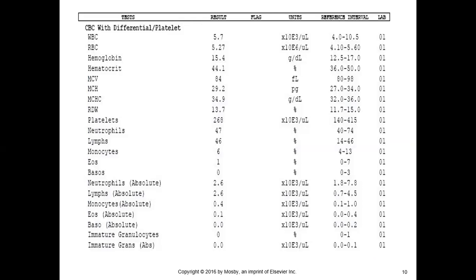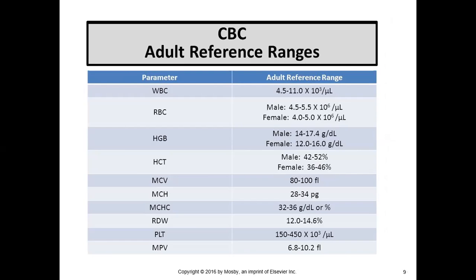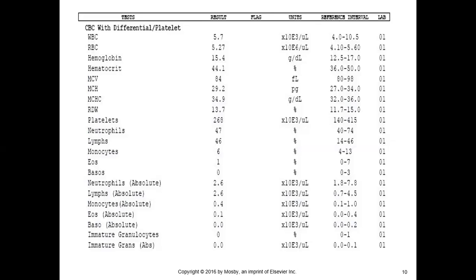I put this lab in here because it shows the CBC with differential, as in comparison to a regular CBC. This one shows all the different types of white blood cells. And so I just wanted to give you an example. If a physician was getting a CBC, but they said, you know what, I'm concerned about infection or inflammation, get the differential as well, which means that they're going to give me more details on the white blood cells.